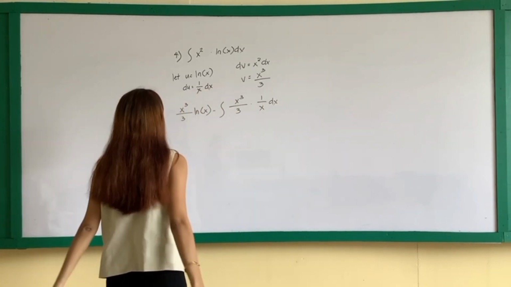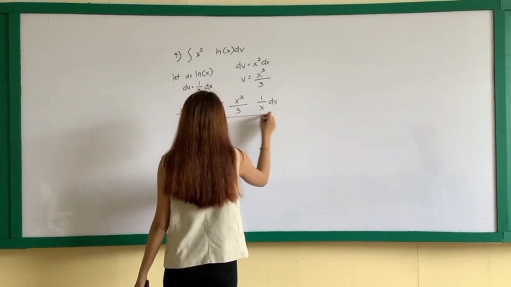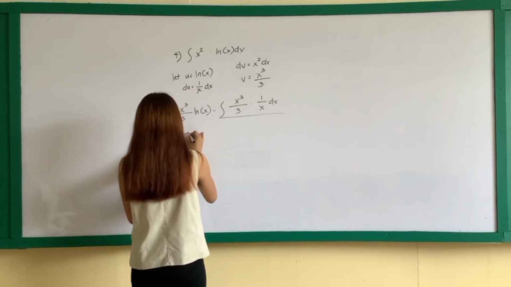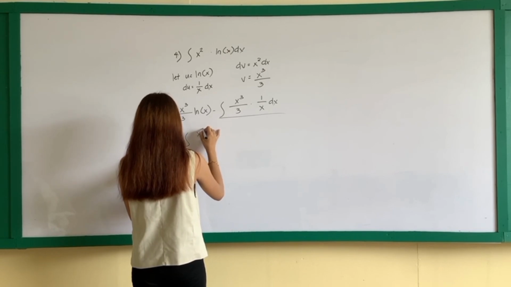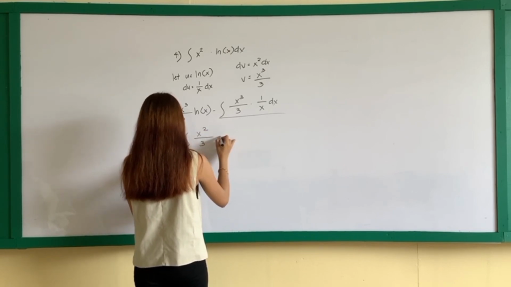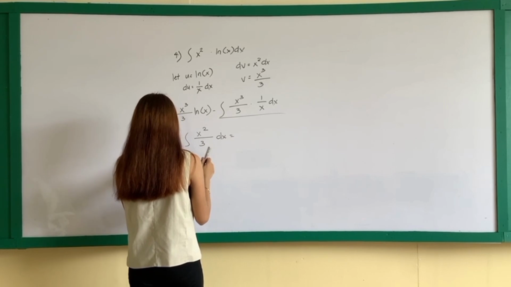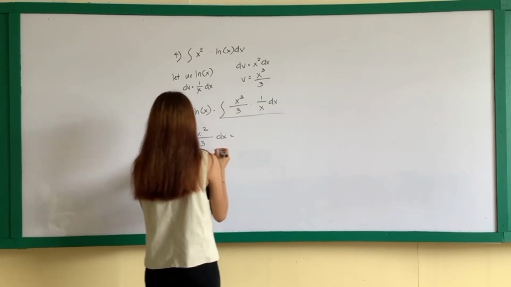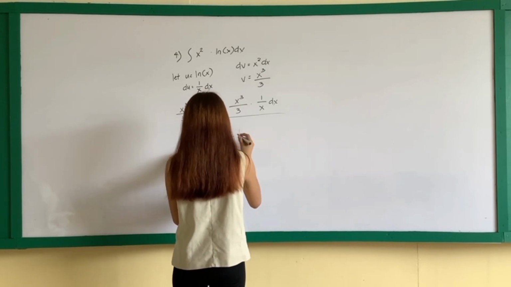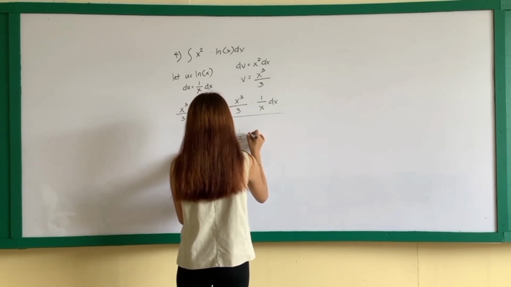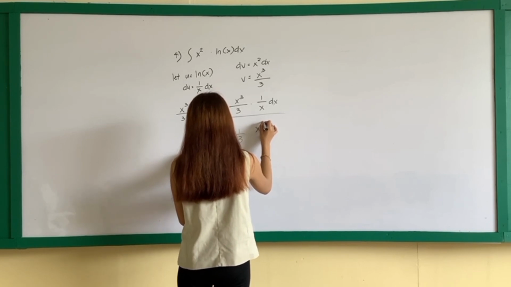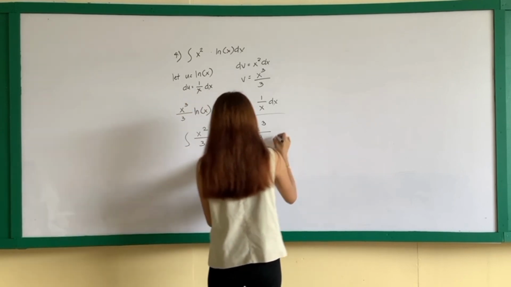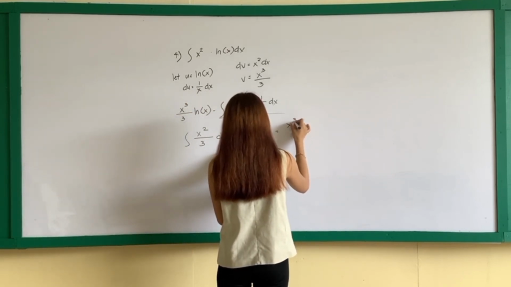And let's simplify our second integral. So it becomes the integral of x squared over 3 dx. And we take the 3 out to the front of the integral, so it becomes 1/3. The answer is x cubed over 9.